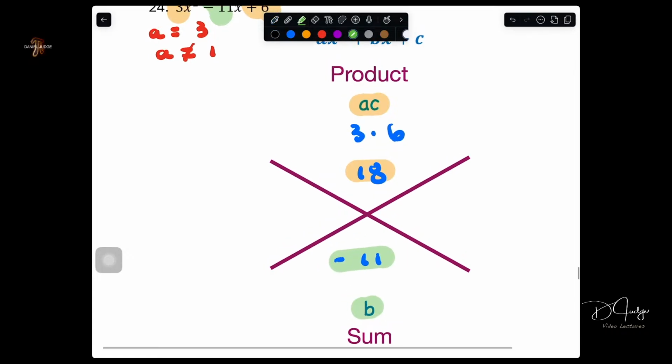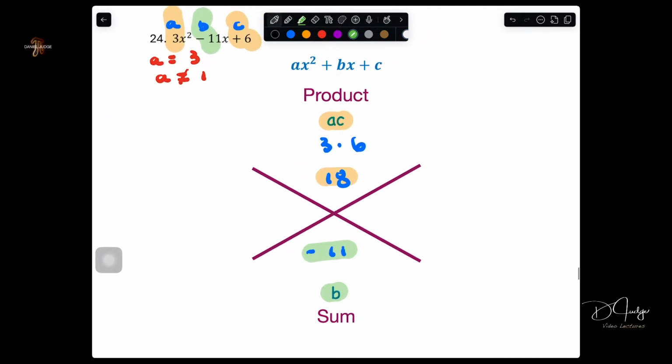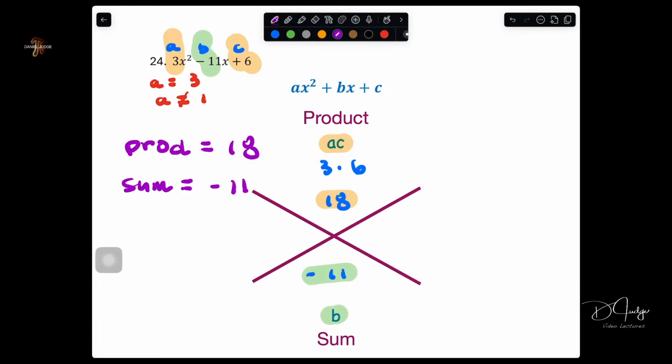All right, let's go through the exercise. Two numbers. Product is 18. Sum is negative 11. So this is an interesting situation because both numbers multiplied together needs to be positive. That only happens if both numbers are positive or both are negative. Because a positive times a positive is a positive, and a negative times a negative is a positive. But what's interesting here is the sum is negative.